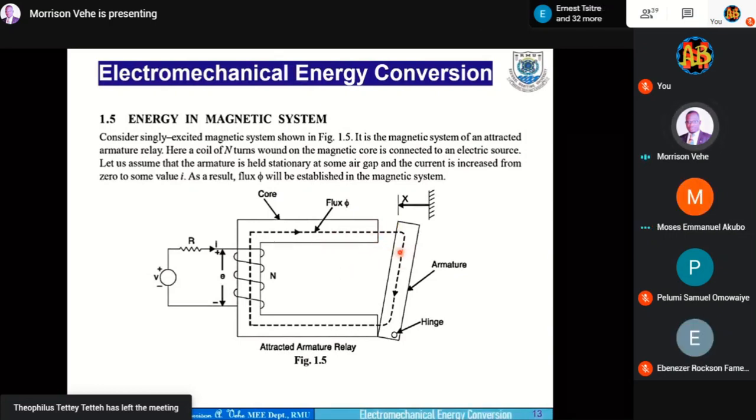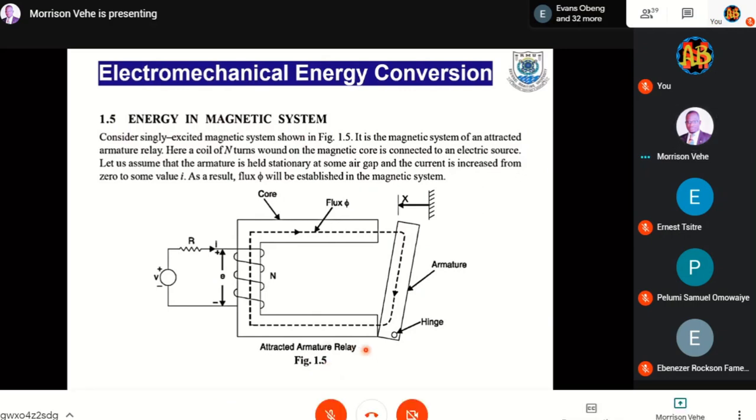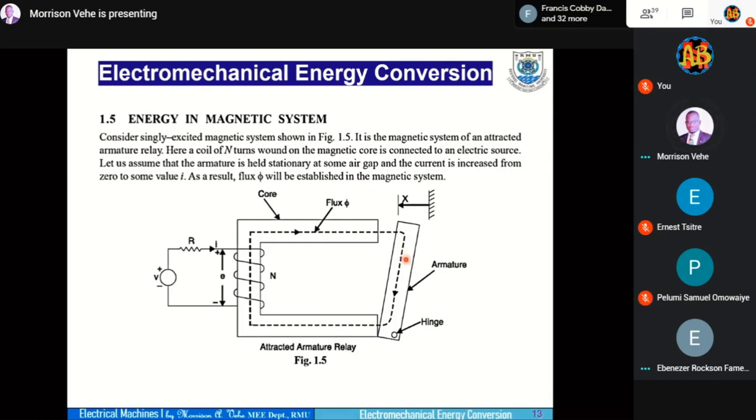There's some force that actually causes it to move. I hope you are seeing this section 1.5, energy in magnetic system, this figure 1.5. Yes, sir. Okay.